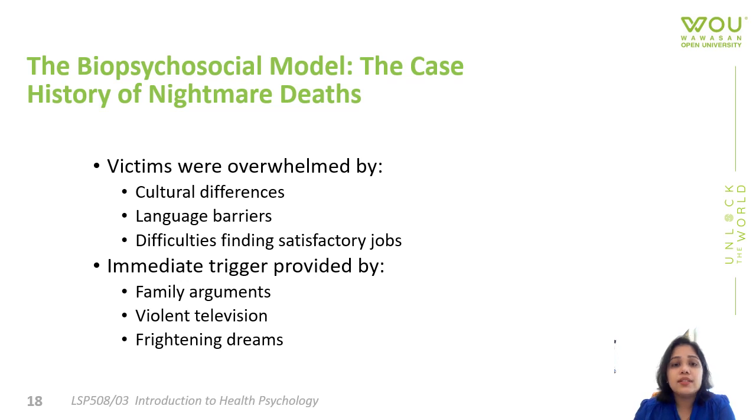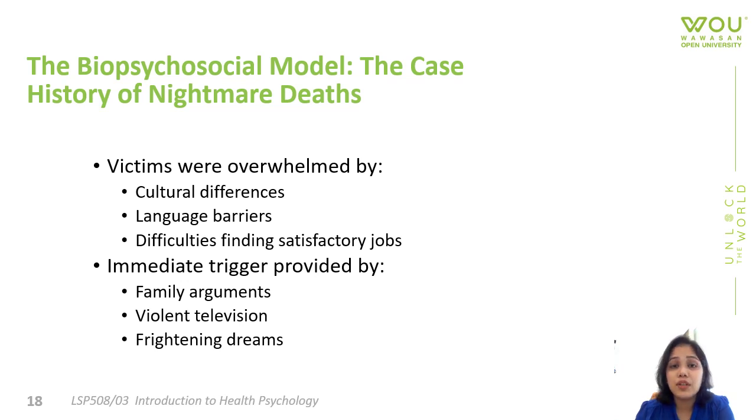And further findings looked into whether victims were overwhelmed by cultural differences, because there were refugees who had to move from one location to another, from one culture to another. There were language barriers, also difficulty finding satisfactory jobs.